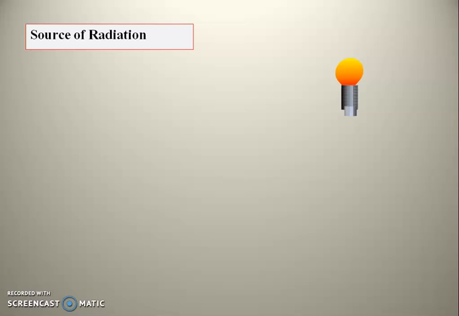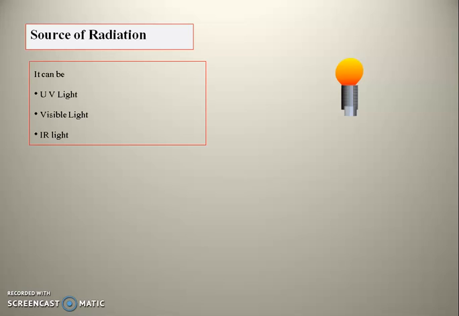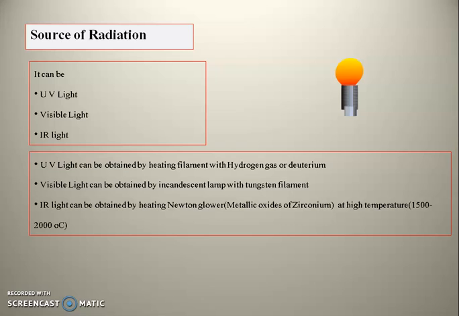Source of radiation. That means the source which can generate electromagnetic radiation. It can be UV light, visible light, IR light. For each type of light, we have to use different source.